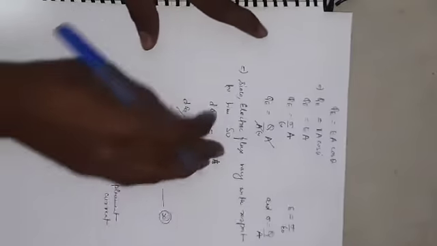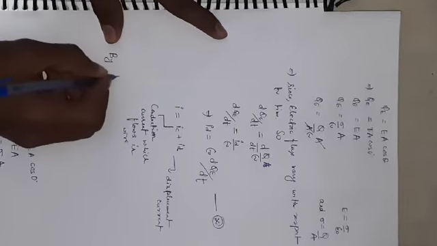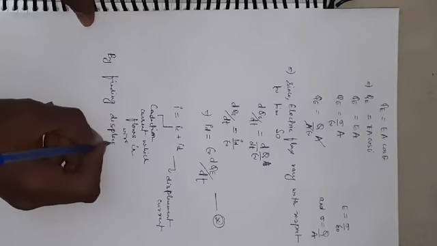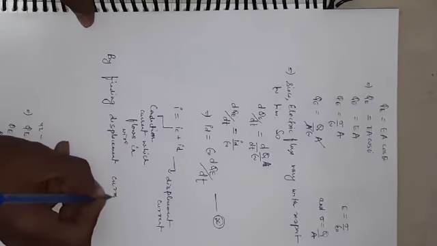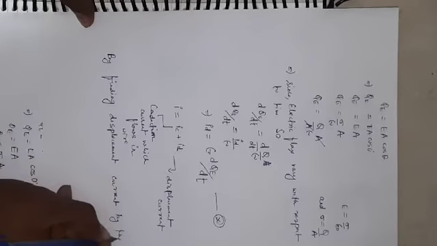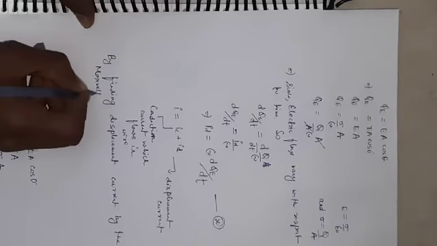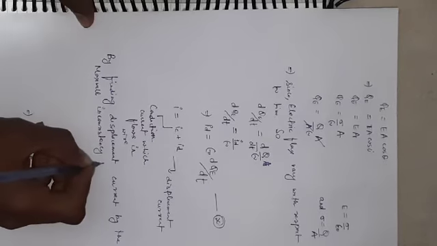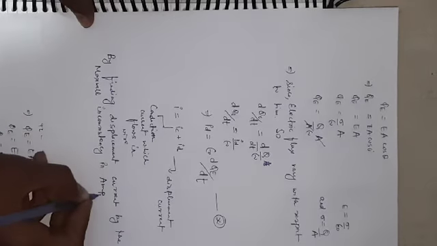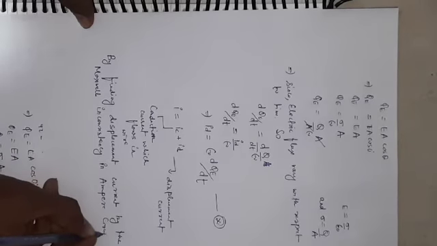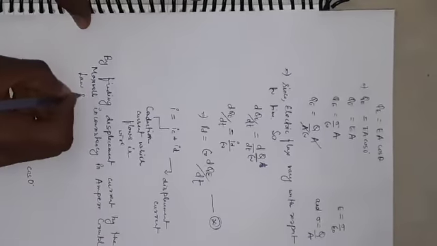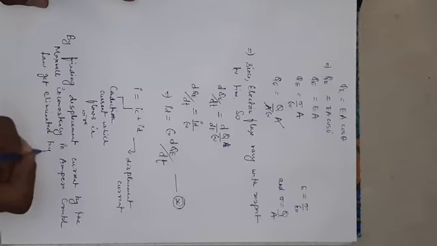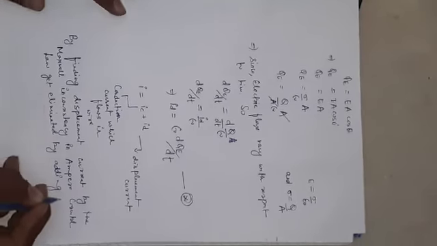So by finding this displacement current, by Maxwell, the inconsistency in Ampere circuital law gets eliminated by adding displacement current.